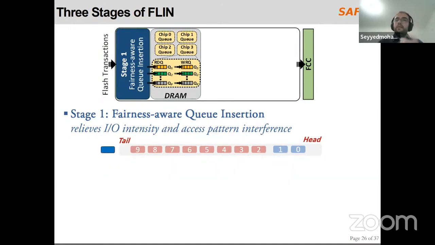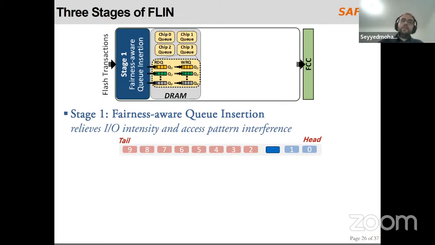Whenever we have a new request, if it belongs to low intensity flows, we move this request to the head of the queue and insert it there in order to make sure that this flow is not slowed down a lot due to the high intensity flow.